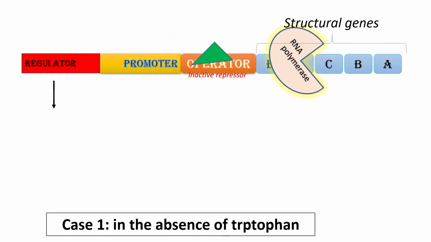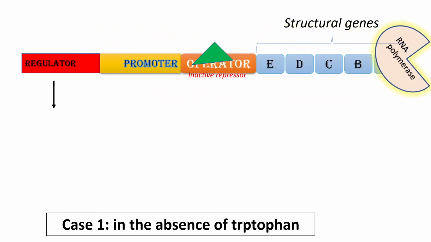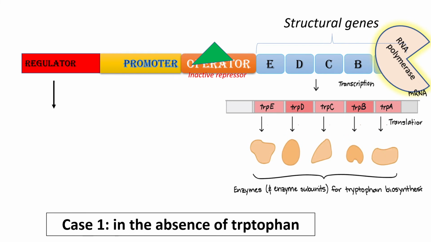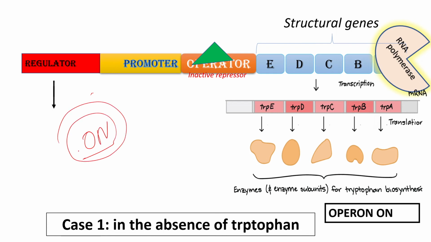The RNA polymerase will simply pass over the structural genes without getting obstructed by the inactive repressor, and this will lead to transcription, mRNA will be formed, and from mRNA translation will occur, and the enzyme subunits for the synthesis of tryptophan will be easily synthesized. Since transcription is occurring, this is in an on state. By default, the tryptophan operon is always in an on state, as we studied right now.